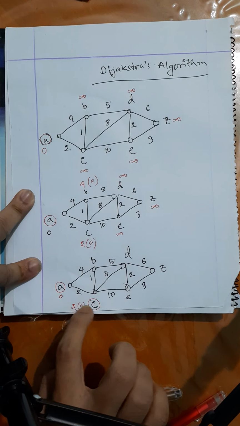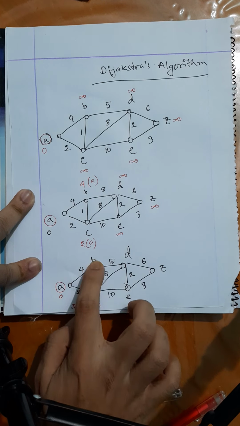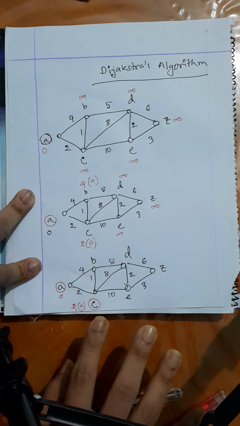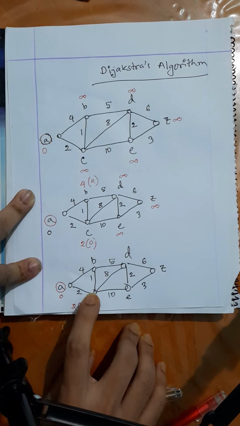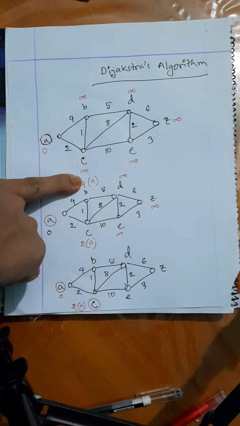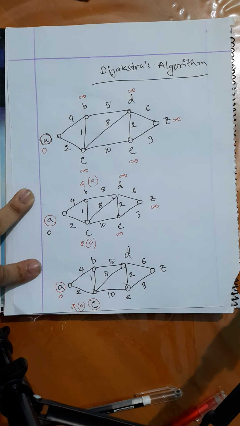We can go to B with a cost of 1 from C, but the distance value of C is already 2. So the total cost of B is going to be 2 plus 1, which is 3. Is it smaller than the already assigned value of B? Yes, it is. The already assigned value was 4, but we have found a smaller route that costs us 3.